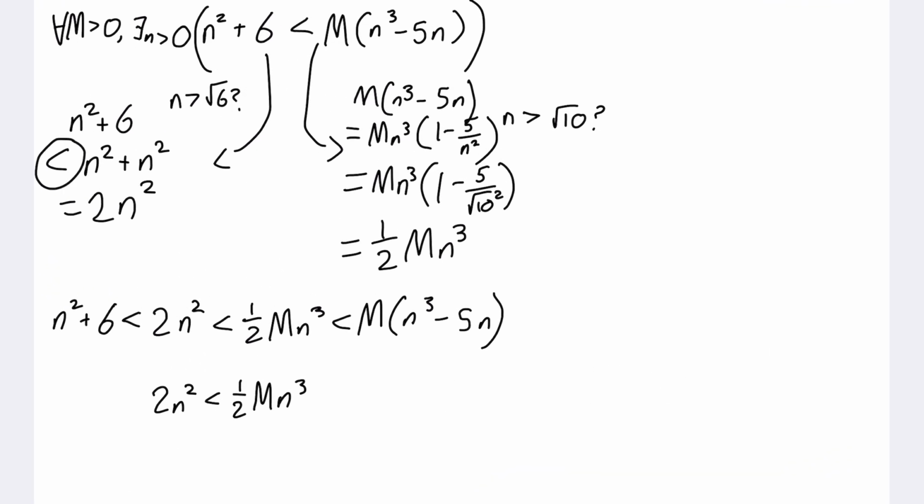In addition to the greater than sign just being necessary for the big inequality to work, you might have also noticed that it's necessary for that to work with n being greater than root 6. That's different from what I had before, right?